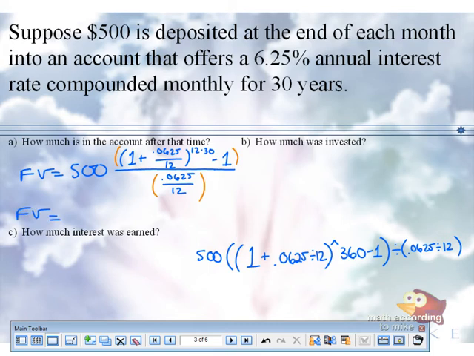What did you get? $526,959.97. So $500 a month for 30 years and you retire with about $500,000? Are you going to take out all $500,000 at once?